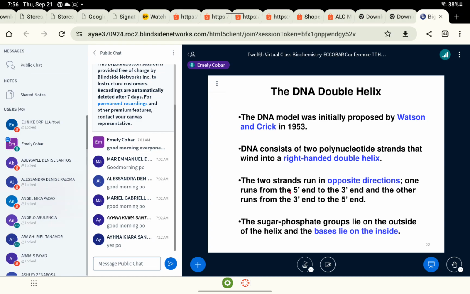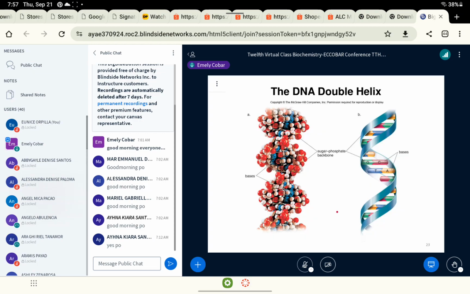With this arrangement, if one strand has a pyrimidine base, the opposite strand has a purine base. Those two form a bond, and that stabilizes the double helix structure of the DNA. You will see this in the next slide.